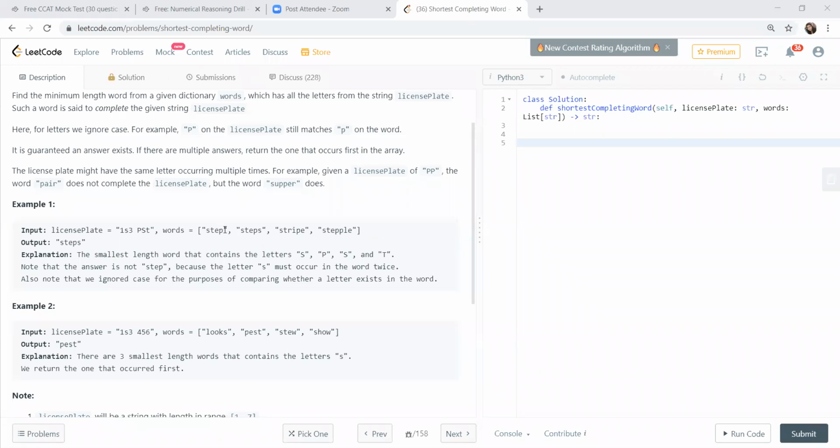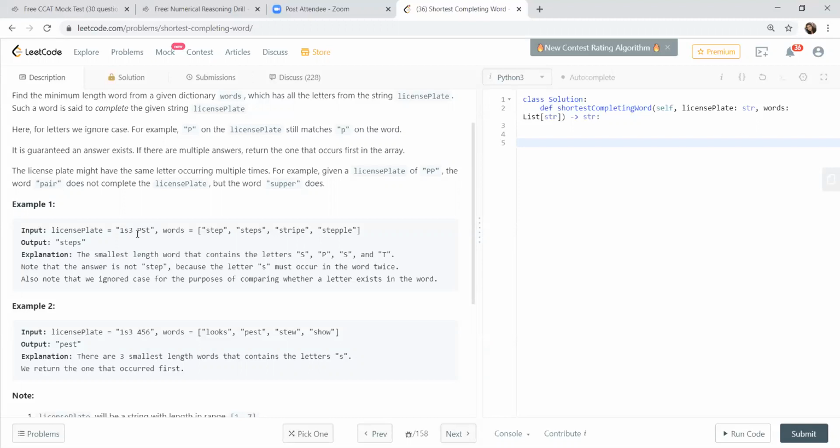So you are saying to sort only the words, not the string? Yes, only the words. It's sorted by length of the word, but never mind, look at the second example, that's not going to work.